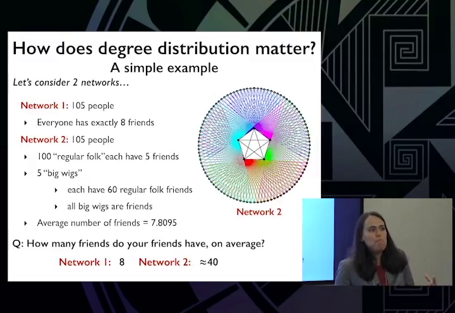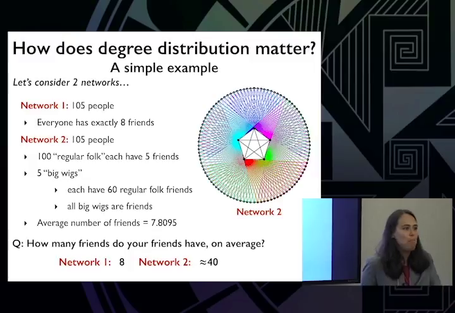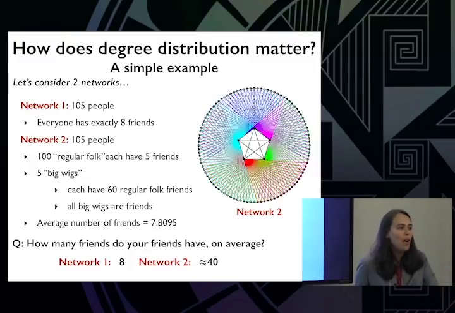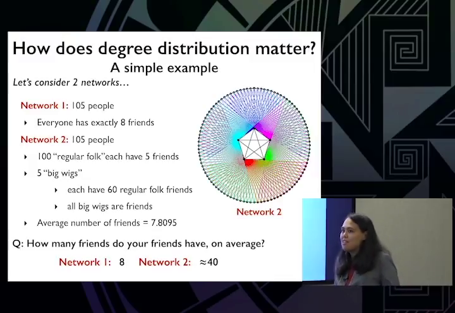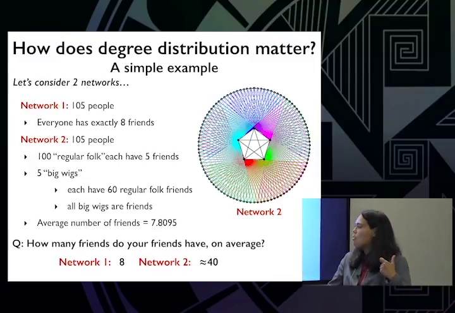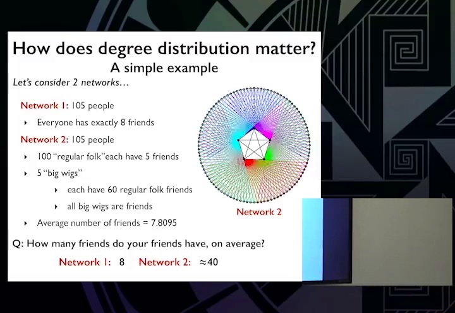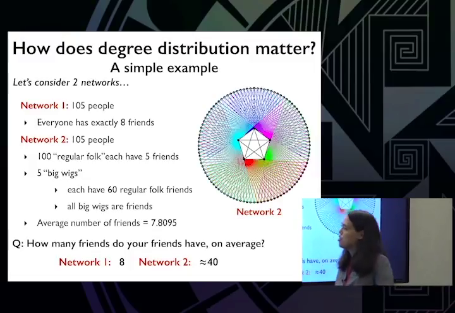And then I feel really bad that they have so many more friends than I do. But I shouldn't feel bad, because that's to be expected. Your friends are way more popular than you on average, because you're way more likely to be connected to popular people.